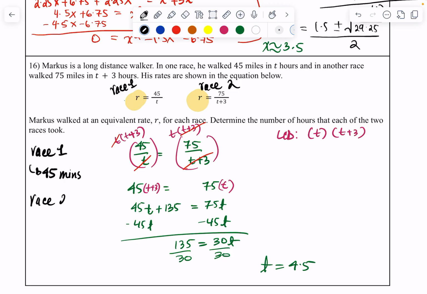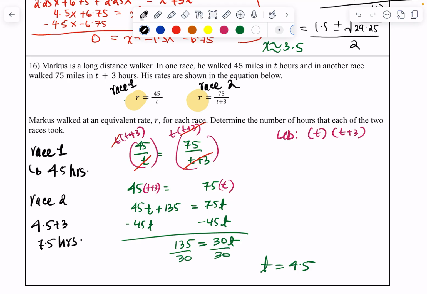Race 2 took 4.5 plus 3, which is equal to 7.5 hours. No, I was counting them all wrong. Okay, this is done.